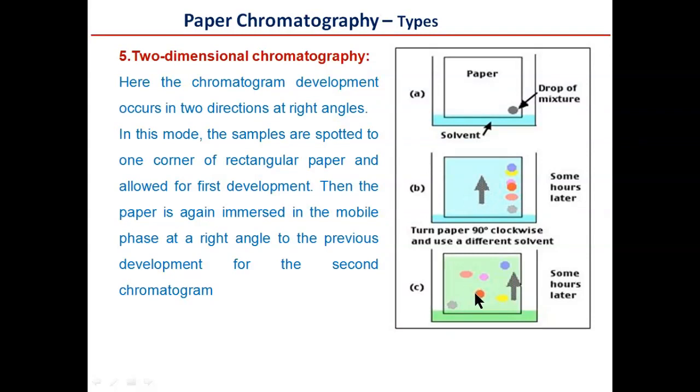The paper is again immersed in the mobile phase at a right angle to the previous development for the second chromatographic development, and here it comes. We have nice separation of the component mixture taking place. If you compare with the first development, we have some overlaps here, but we don't have any overlaps in the two-dimensional chromatographic technique.